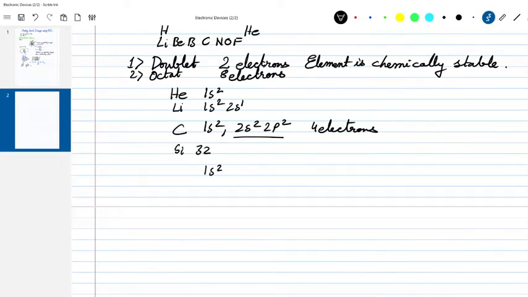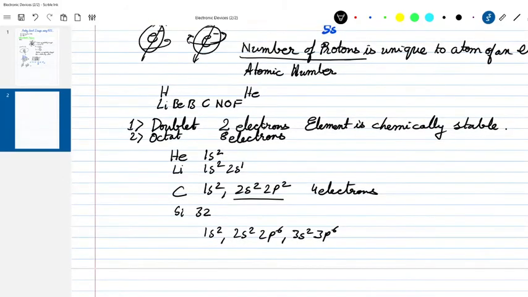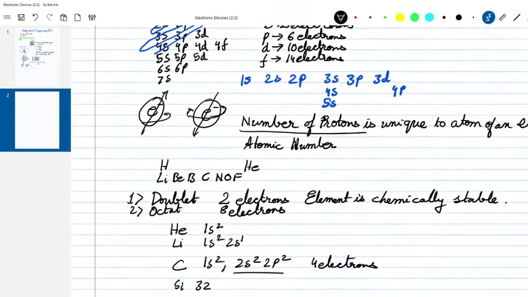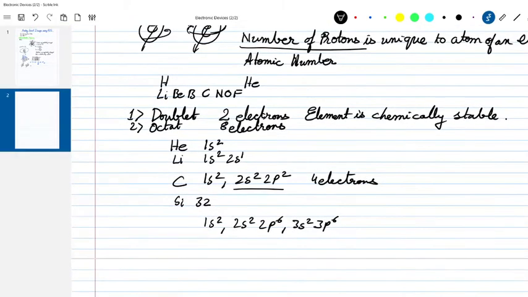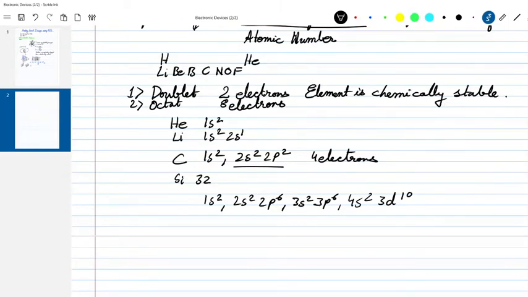So it's going to be 1s2, 2s2, 2p6, so that makes 10, then 3s2, 3p6, 3d10, 4s2. Adding these up, 10 plus 12 plus 6 is 18, plus 2 is 20, and 30.